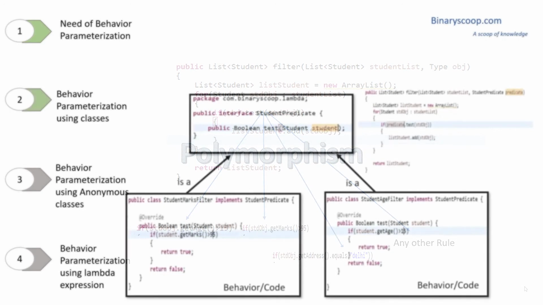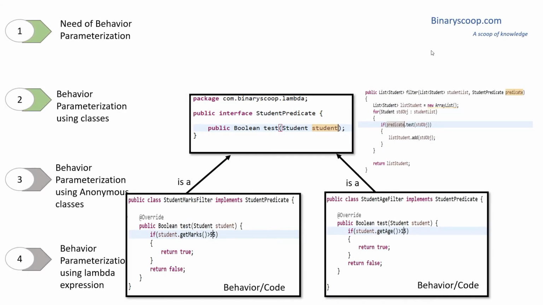Okay, to complete the filter method, we have created the student predicate interface. The student predicate interface is implemented by two classes. One is student marks filter, the other is student age filter. Therefore there is a relationship between student predicate and these classes.